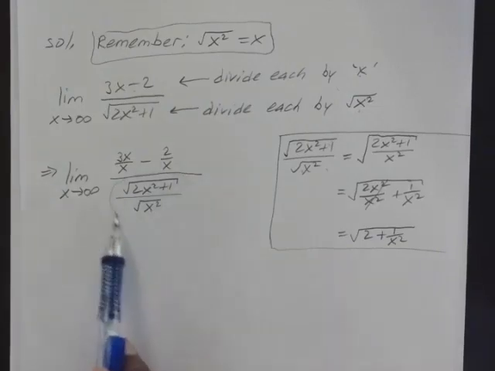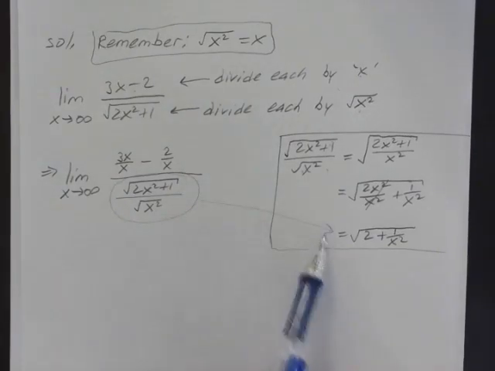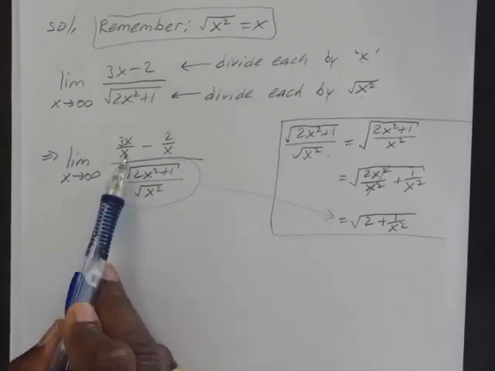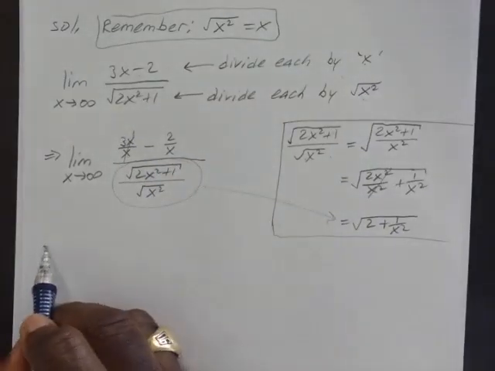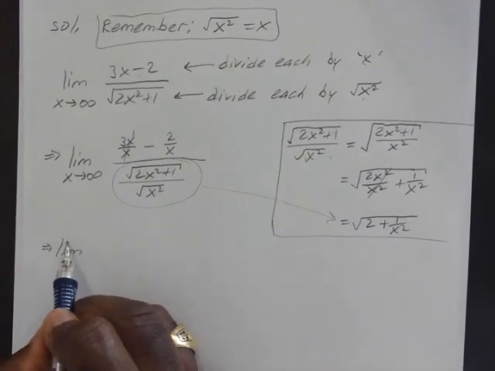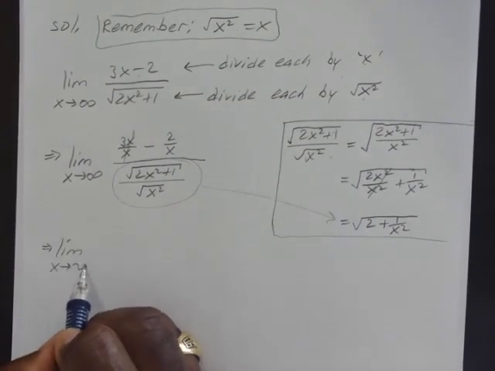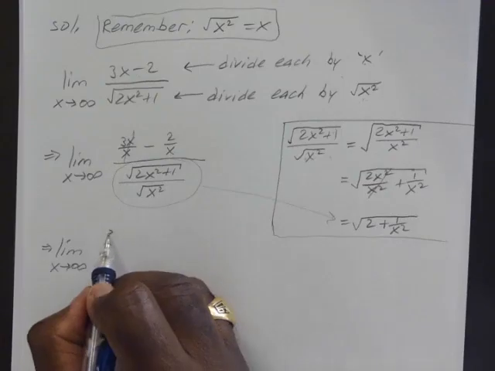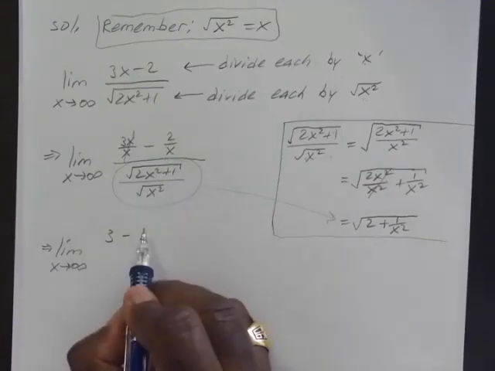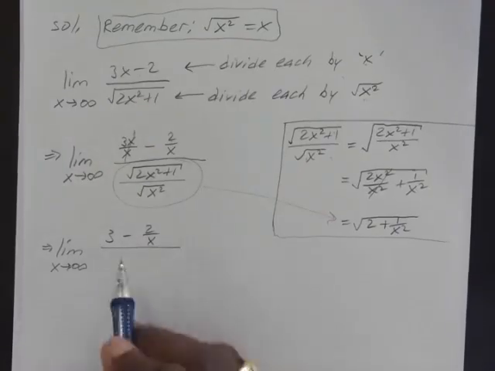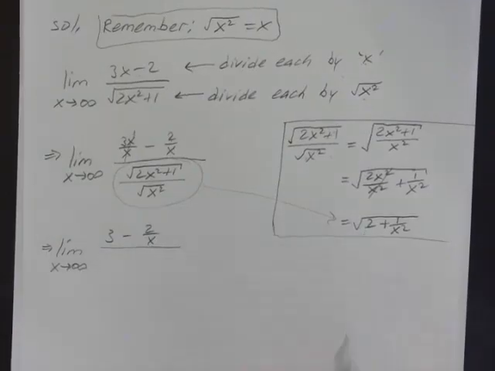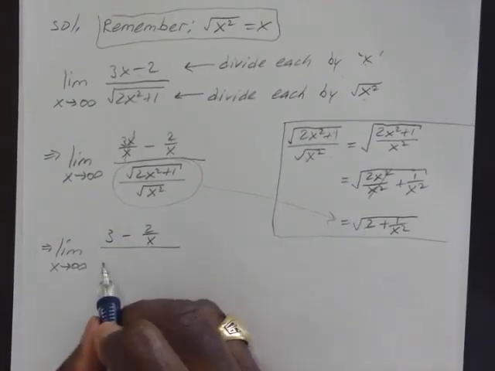So that means we can rewrite this denominator as that. Okay. So if we look at our numerator, we know these two cancel each other out. That gives us the limit as x approaches infinity of 3 minus 2 over x divided by the square root of 2 plus 1 over x squared.